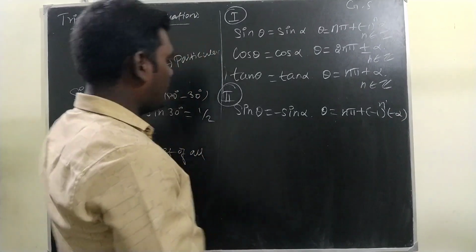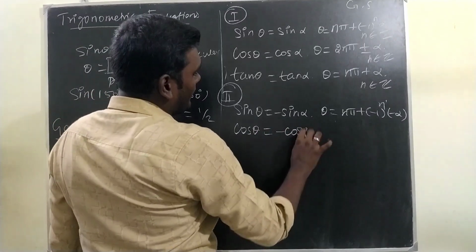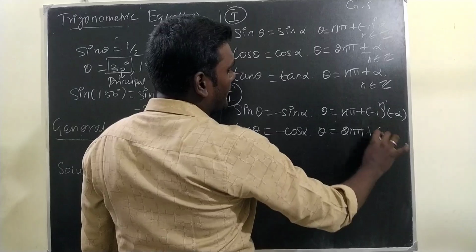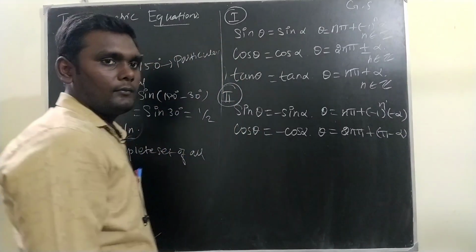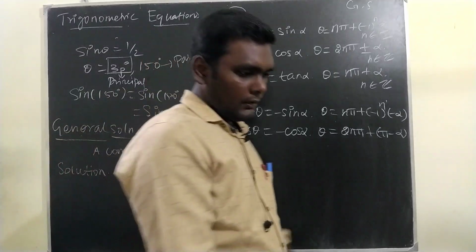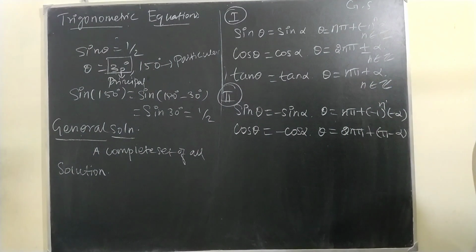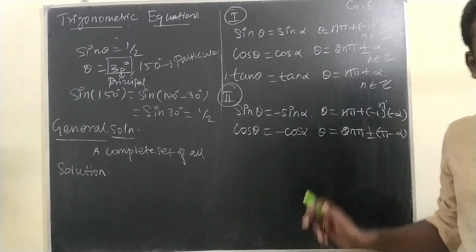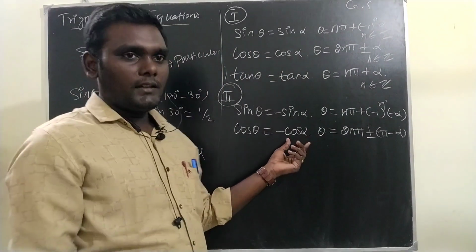That is it. Likewise, cos theta equals minus cos alpha, then theta equals 2n pi plus or minus pi minus alpha. Sorry, plus or minus. This also we can solve easily.